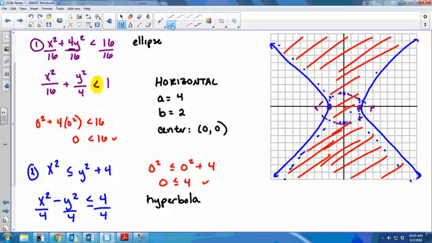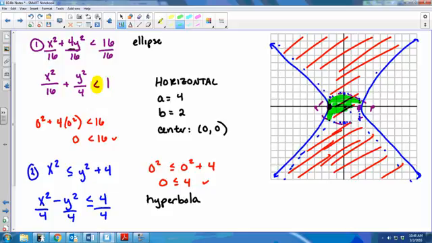Now, we already said earlier we were supposed to shade inside the ellipse, right? So the intersection of the two is this little section in here. It's got like an inverted football shape.